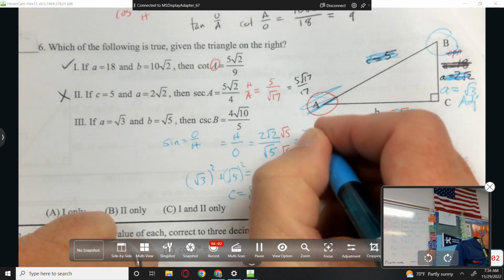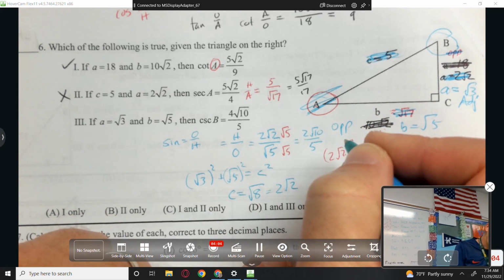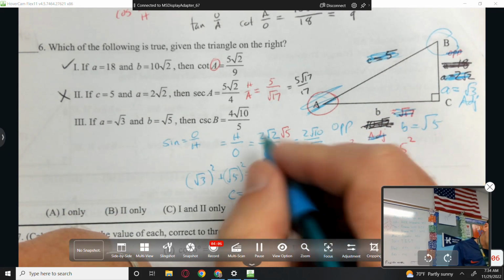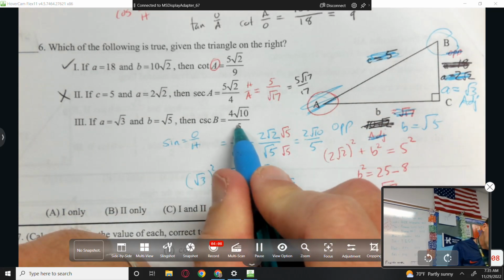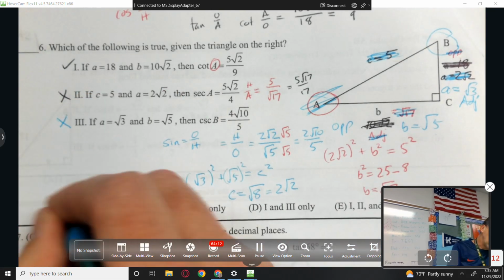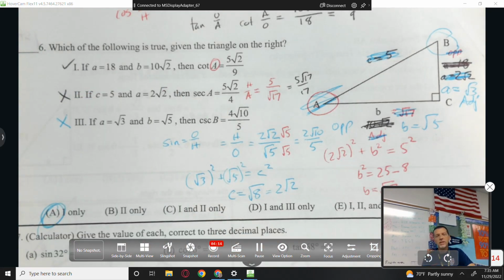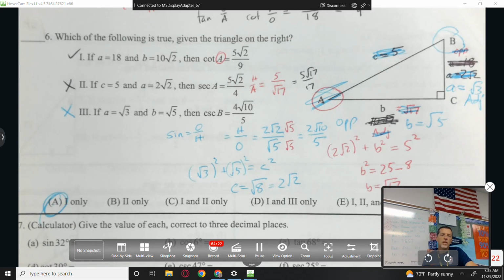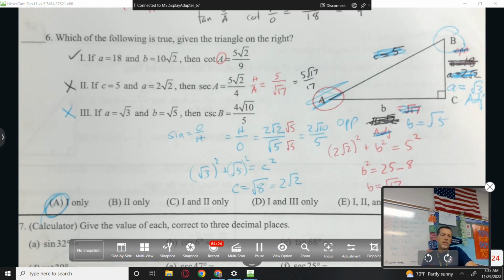So I get 2 square root of 10 over 5, which is not the right answer. It's close, but it's not it. So only number 1 is correct. All right, so we just did 3 problems in 1. What else? Let's do a couple more.